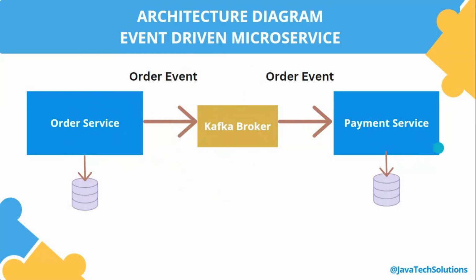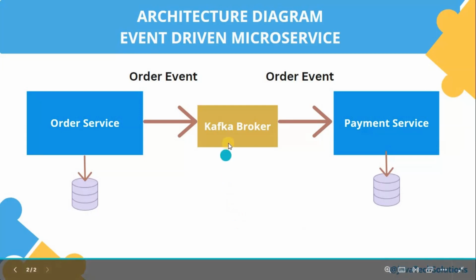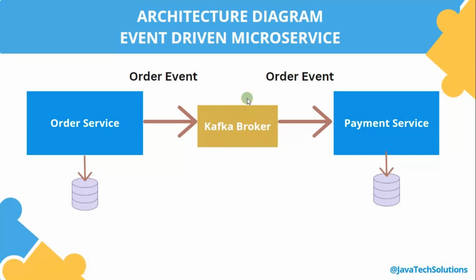You can also use RabbitMQ or other messaging systems; that depends on how you want to use it. I have used the Kafka broker so that we can also understand how Kafka works, how to install Kafka, and how to start and stop it.